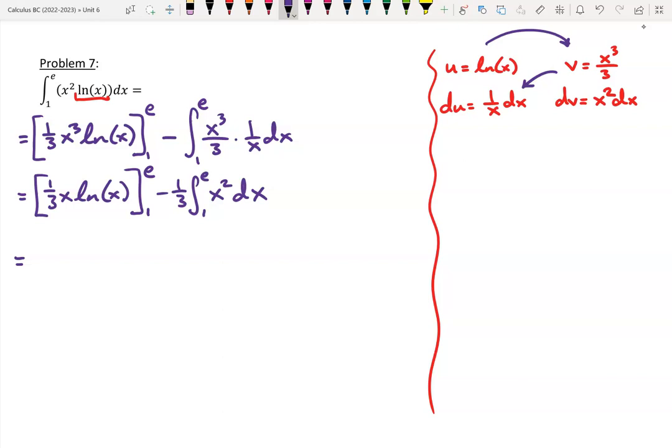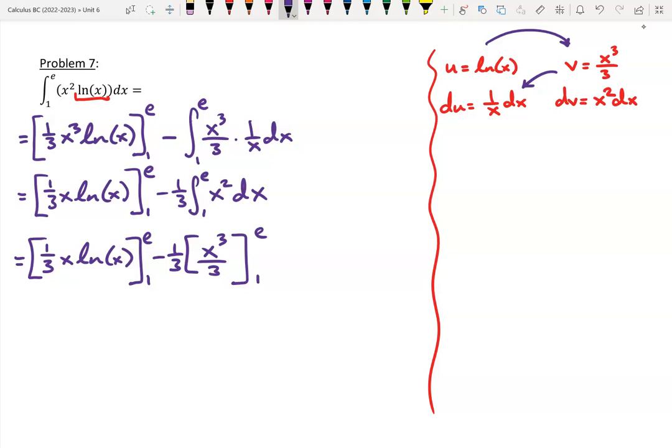So we're going to have, not the integral anymore, 1/3 x natural log of x from 1 to e, and then that's going to be minus 1/3, and that should just be x cubed over 3, and that will also be from 1 to e.